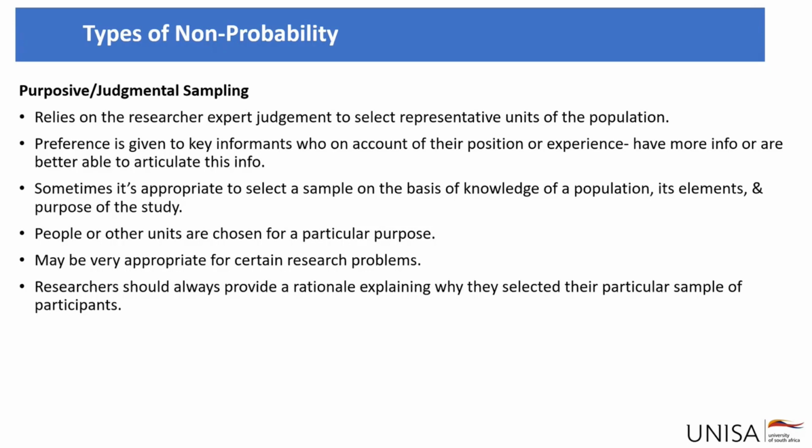So you target specific individuals or participants or key informants because of their position in the retail sector, or because of their experience in the retail sector, or perhaps they've got more information on retail, or they are better able to articulate the information around retail. So you've got a particular bias in wanting them to participate. Sometimes it's appropriate to select a sample on the basis of knowledge of a population, its elements, and the purpose of the study.